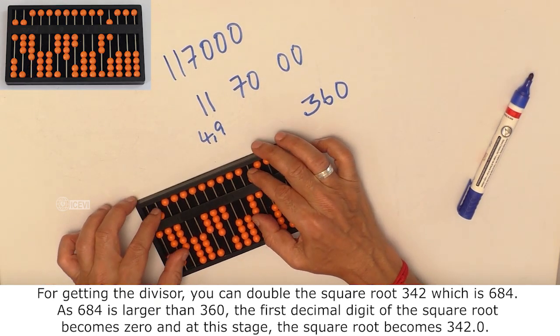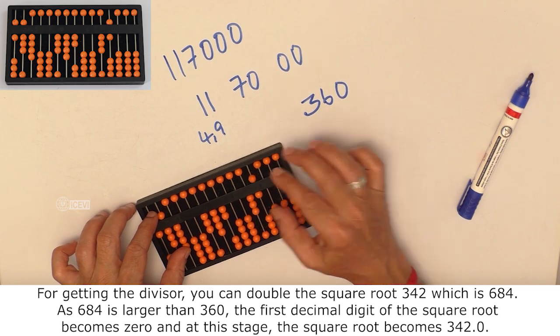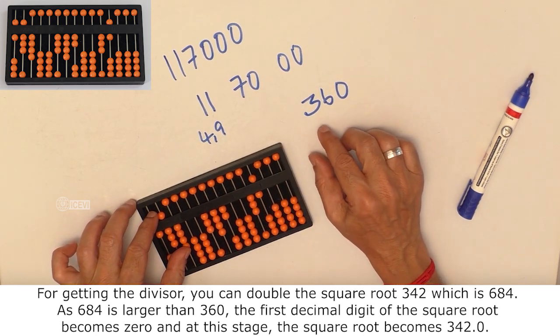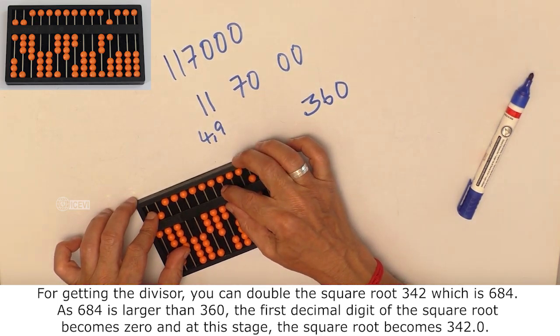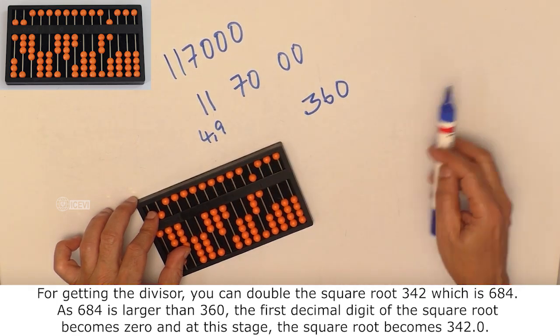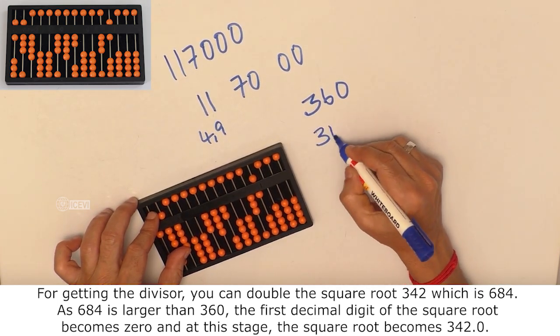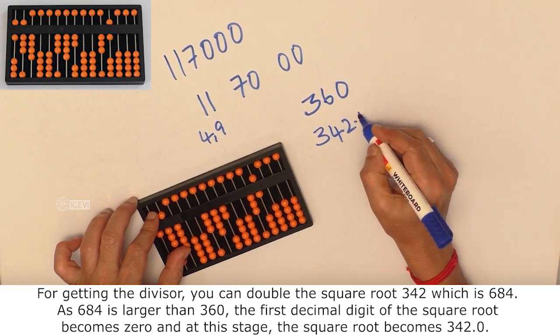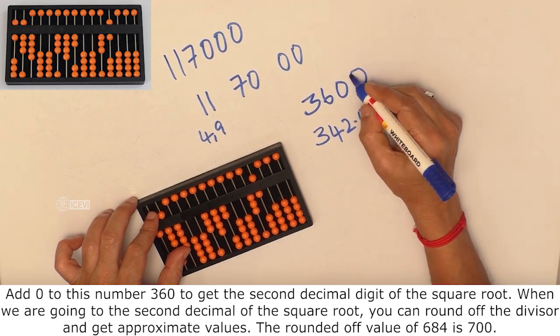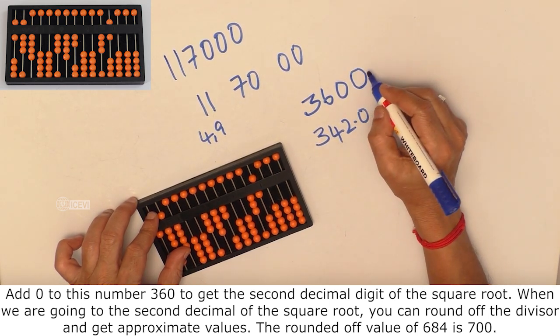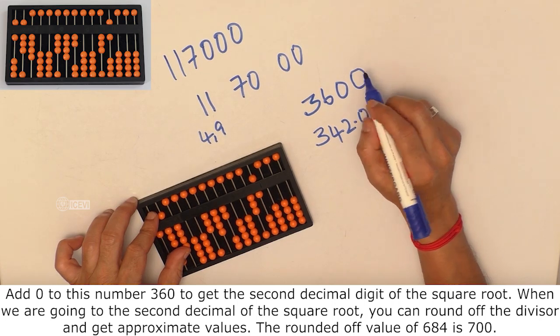As 684 is larger than 360, the first decimal digit of the square root becomes a 0. And at this stage, the square root becomes 342.0.